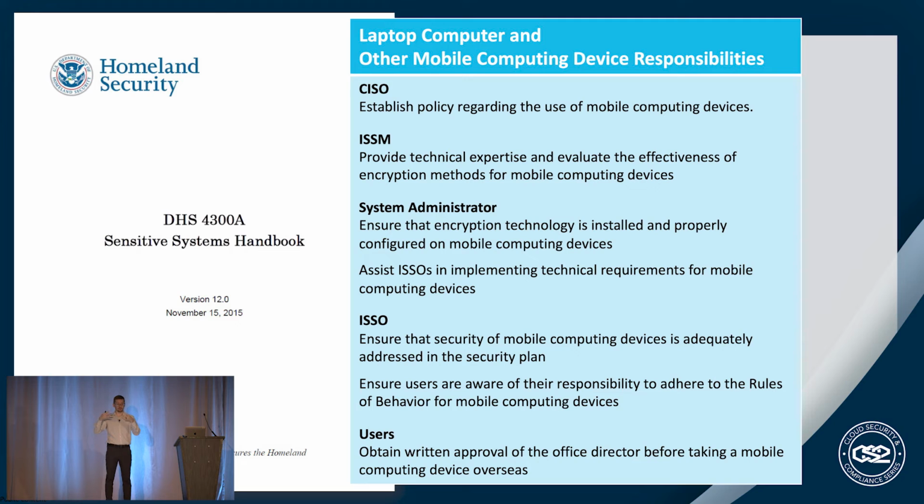So you can kind of do some rough association here. And then from there, you'll be given a table of responsibilities for each unique role that's carved out in the handbook document. So this is just an example of requirements for the use of laptops. The CISO has a job to do, the ISSM has a job to do, the sysadmin, et cetera, et cetera.